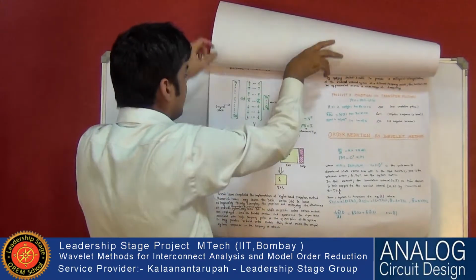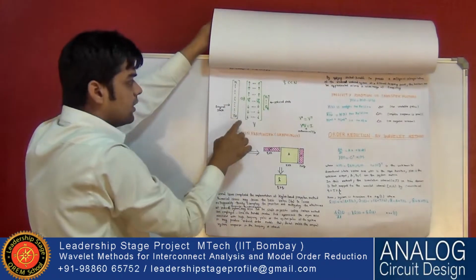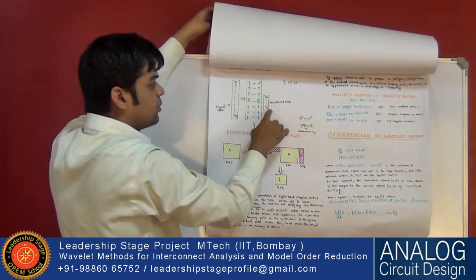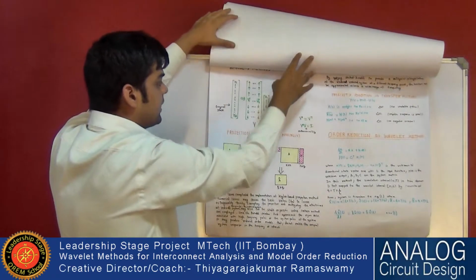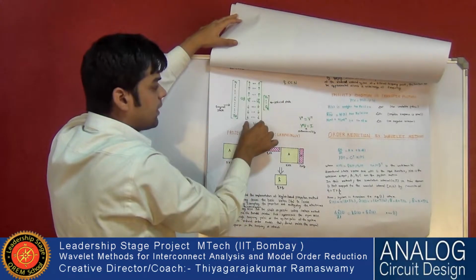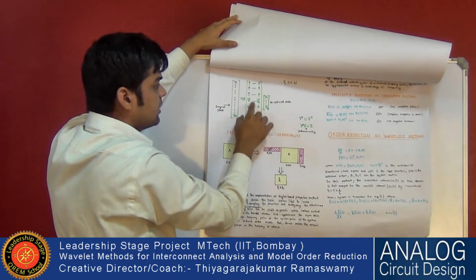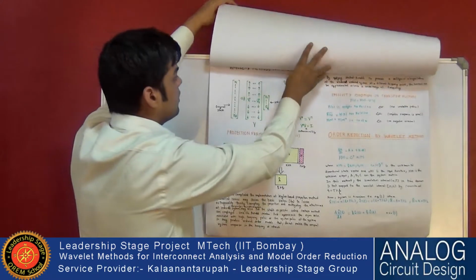This is the original state which is given by x1 to xn, and this is the reduced state. By multiplying it by that orthogonal matrix, those projection matrices, the order is reduced.